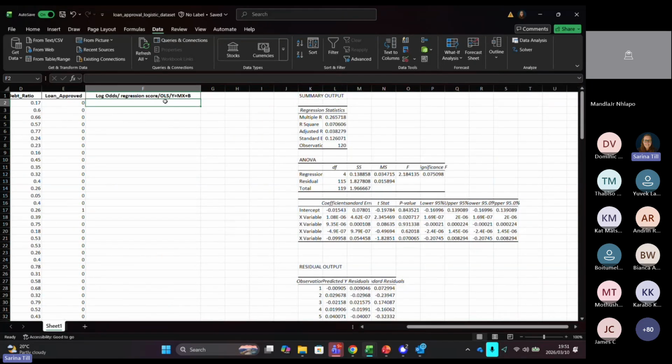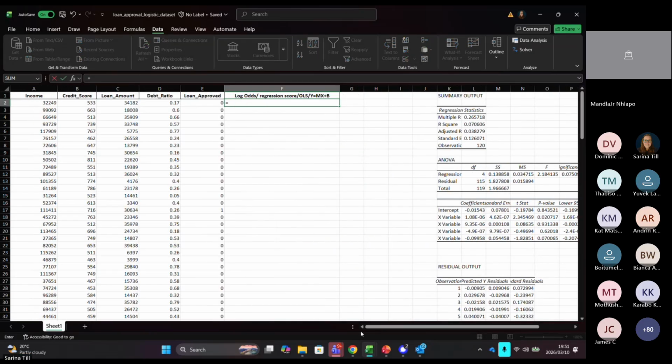So let's remember how we're going to do this. In the previous example, we had one feature, but we now know how to do this for multiple features. We are going to say equals X times M, and next one times its slope.